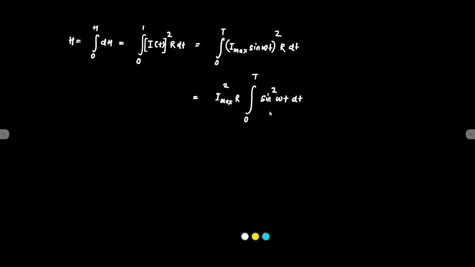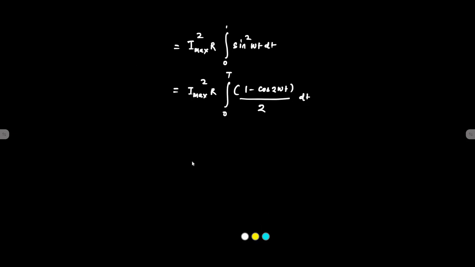Now we will write sine square omega t. It will be I max square R, integration of 0 to T, and we write this as 1 minus cos 2 omega t by 2 dt.